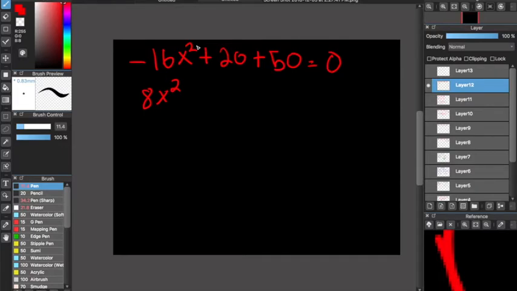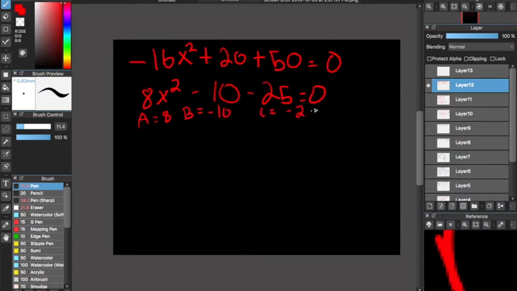Because it's plus 20 divided by minus 2, then it would change to minus 10, and minus 25 equals 0. So we're just going to divide it into a, b, c. a is 8, b is minus 10, and c is minus 25.